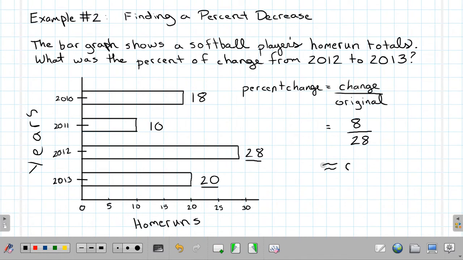And if you look this up in the calculator, you get 0.28571, I believe. But what we're going to do, and this is general practice, is if we have a long decimal like that, we usually round it to the nearest thousandths. So in this case, when we're dealing with percents, we're going to round this to 0.286.